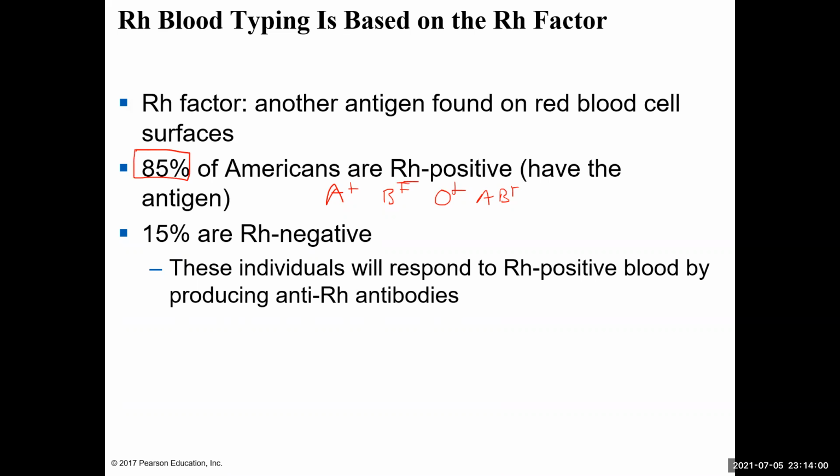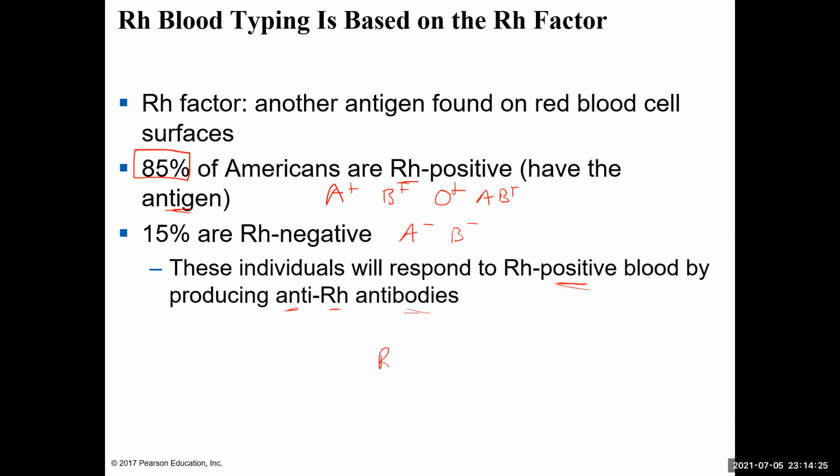If you are Rh negative, so like A negative, B negative, etc., it means you do not have that antigen present on the red blood cells. These individuals will respond to Rh positive blood by producing anti-Rh antibodies.